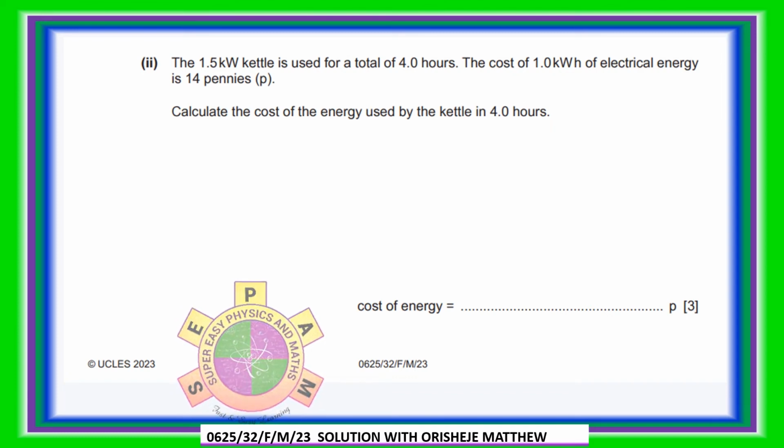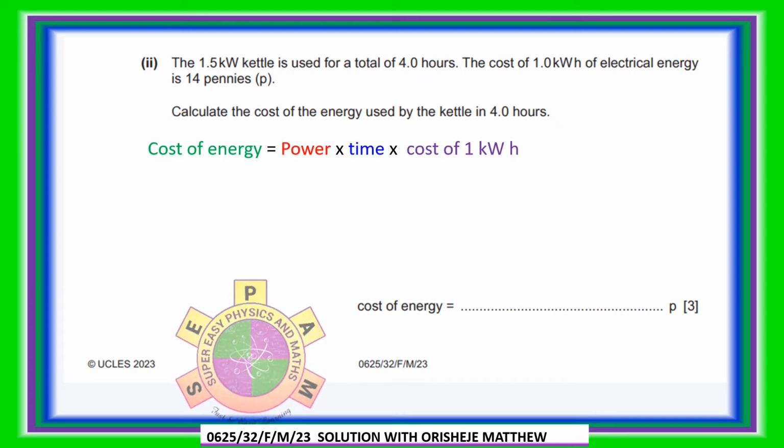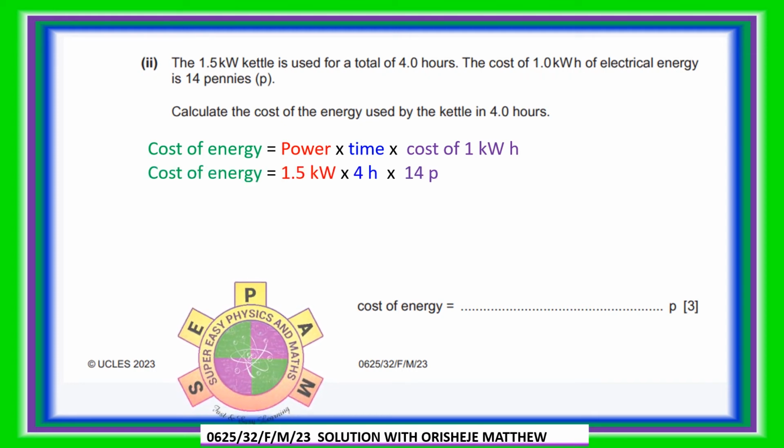So you have the power multiplied by time multiplied by the cost for 1 kilowatt hour, which is 14 pennies. That gives 84 pennies.